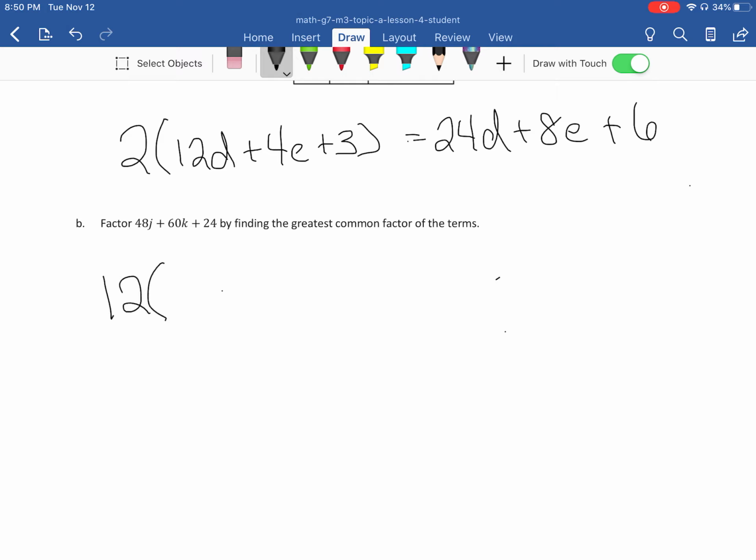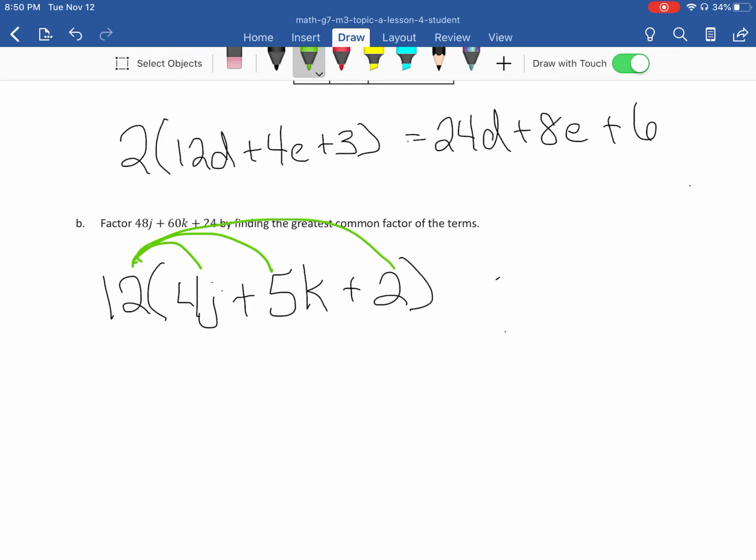And then 12 times what equals 48j? Oh, that would be 4j. 12 times 5k equals 60k. And then 12 times 2 equals 24. I can factor it out, and I get right back to this answer right there.